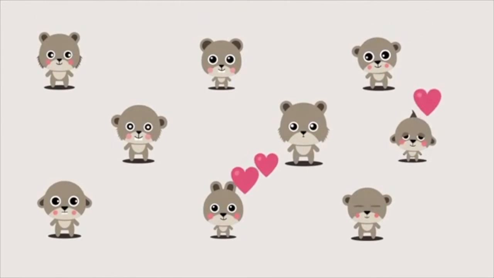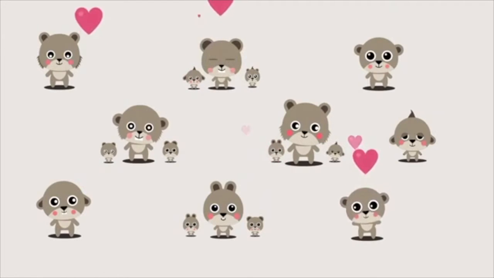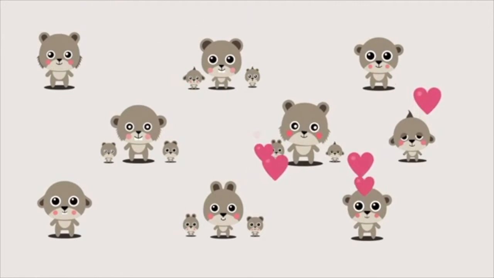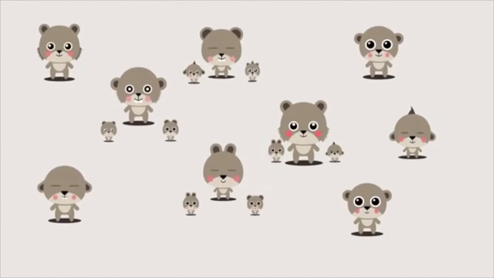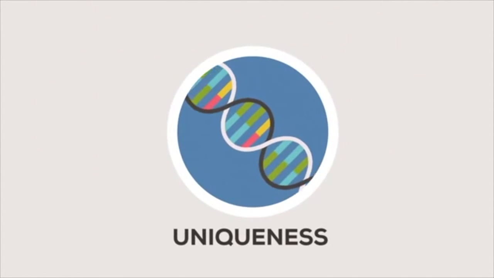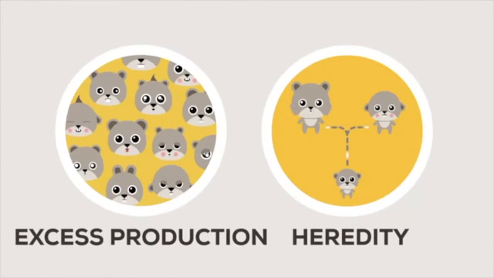The next one we'll be talking about is genetic variation, also closely related with competition or natural selection. Genetic variation is caused by natural selection and competition. Competition usually beats out the weak of the family tree.